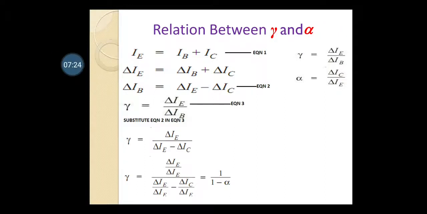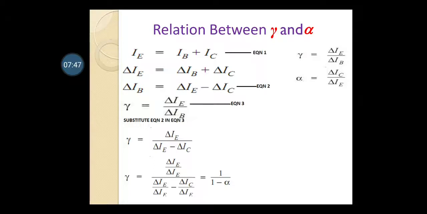Now we will understand the relation between gamma and alpha. Gamma is the current amplification factor in the common collector configuration, and alpha is the current amplification factor in the common base configuration.